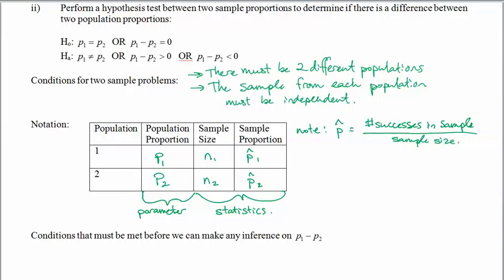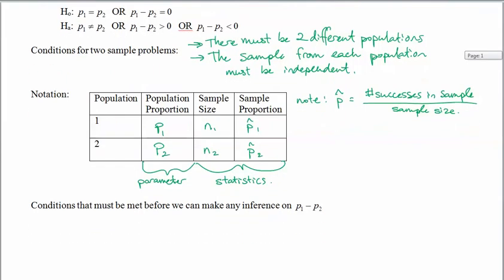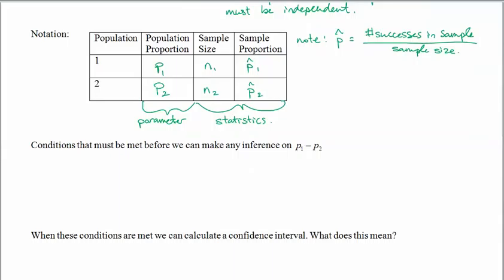Now there are conditions, of course, that must be met before we can make any inference on P1 minus P2, and I'm sure you can guess that we are talking about RIN. Random: both samples are SRSs from the populations of interest.